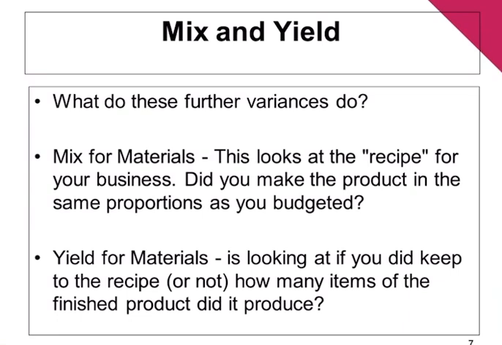Ideally, when you're making something, you have a set amount of material and you use that set amount. The yield is probably easier to explain: for materials, if you kept to the recipe, how many final items did you produce? Did you produce less with that recipe, or did you produce more?